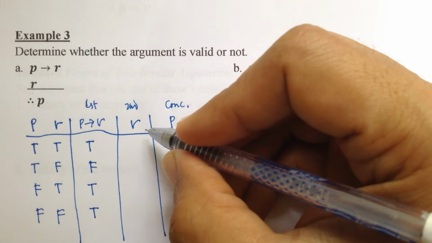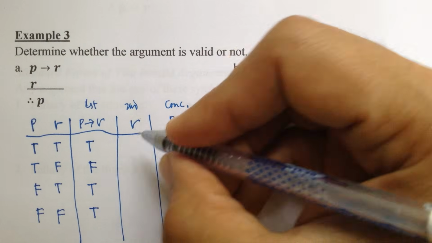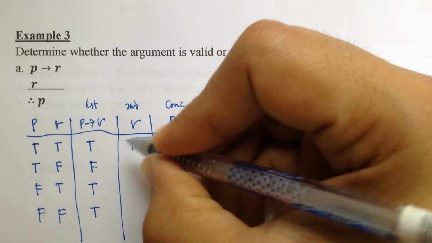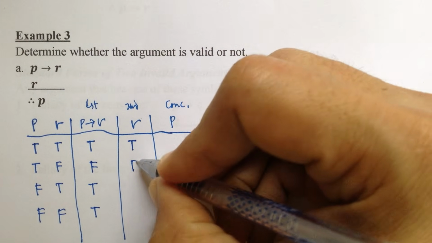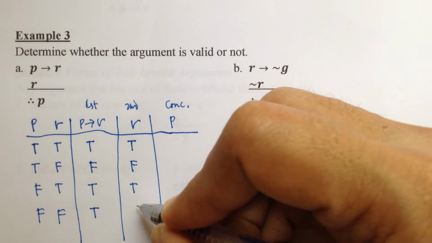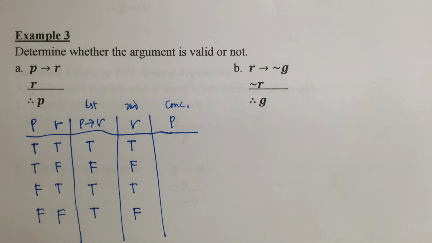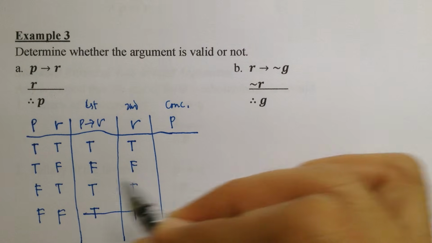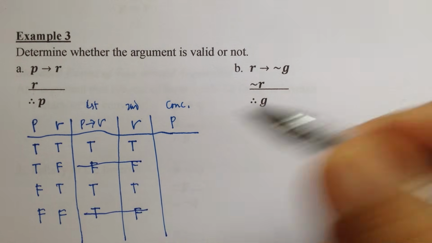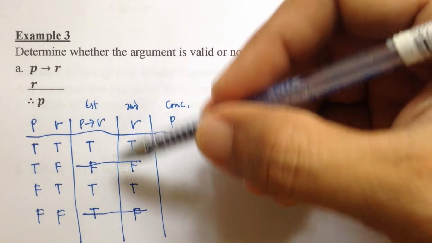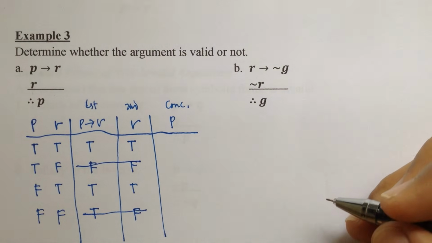Your second premise is R, so let's just copy that truth value. Then let's eliminate those rows for which at least one premise is false. So we eliminate this and we eliminate this. Then we have two remaining rows, which are called critical rows.